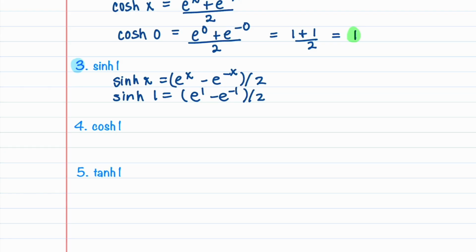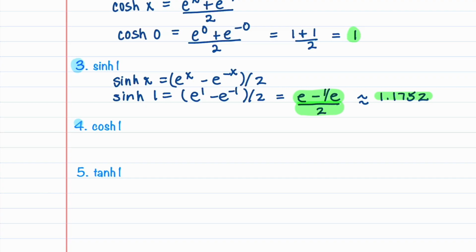This is just equal to e minus 1 over e, all divided by 2. And when you put that in your calculator, you get a value of 1.1752. This is the exact answer, and then this is the approximate answer.